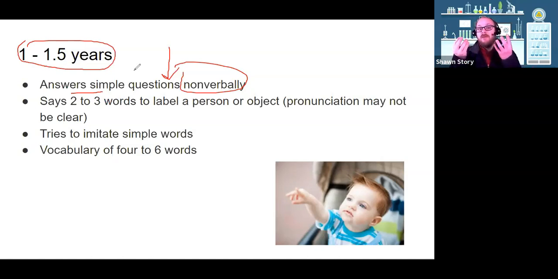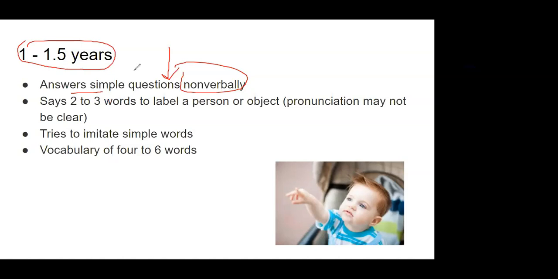But they have the motor skills and the fine motor skills to do gestures like more or toilet, I need to go potty, right? You can teach these nonverbal gestures to children.